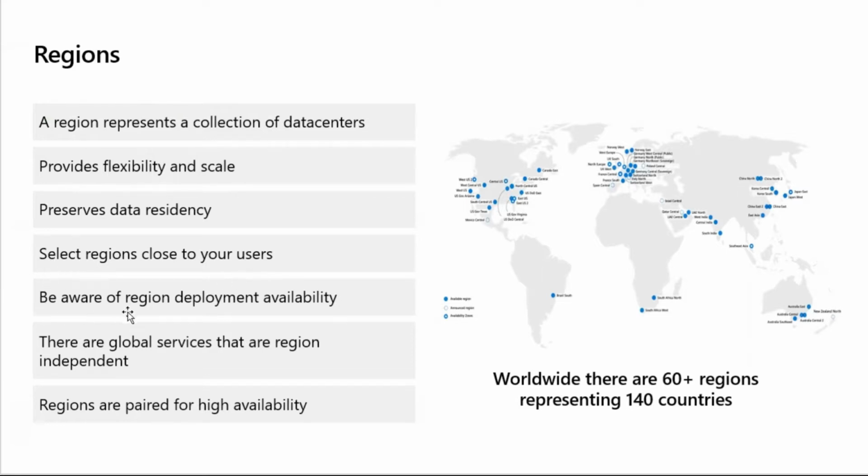So be aware of regional deployment availability. There are global services that are region independent. Regions are paired for high availability. Regions are related with many things: your subscriptions, your account, your pricing, and also some of the features may be available only in a particular region.